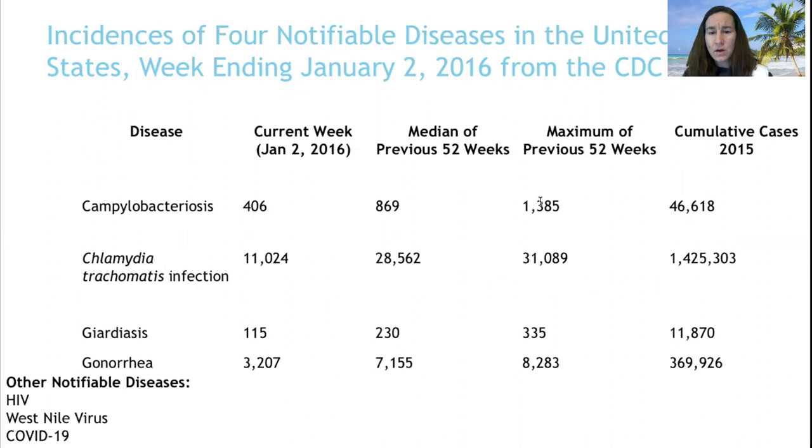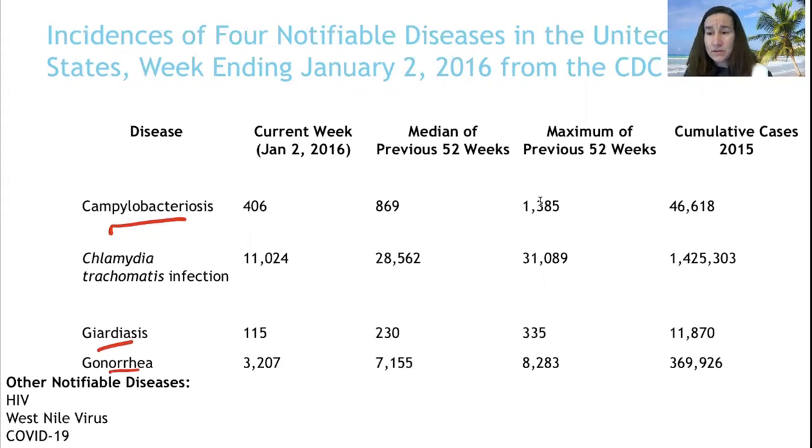Certain diseases are going to be notifiable diseases. The CDC, who keeps track of this stuff, wants to be notified when cases of certain things pop up. So Campylobacter, Giardia, gonorrhea, we keep track of all of this. How many cases are you seeing? Are we seeing an epidemic level of these numbers?